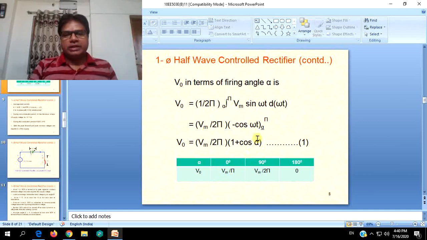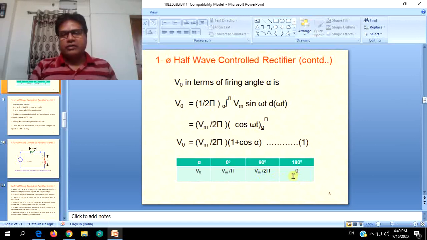When alpha is 90 degrees, cos 90 will become 0. It becomes Vm by 2 pi. So this will be further decreased. The average value becomes Vm by 2 pi. It becomes half when compared to alpha as 0 degrees.